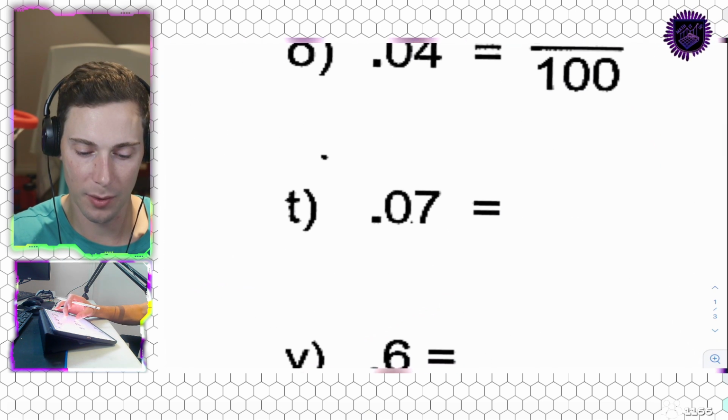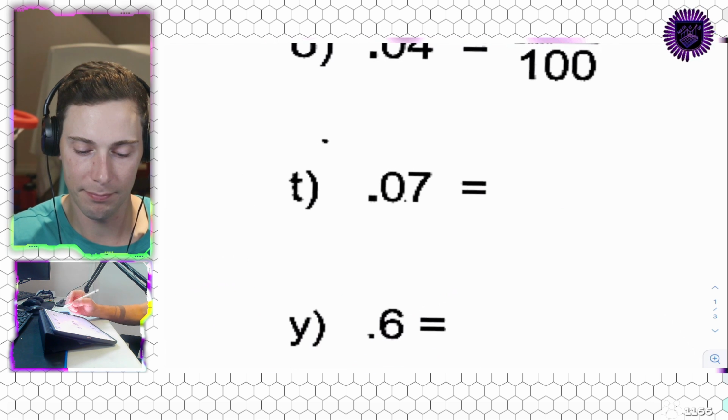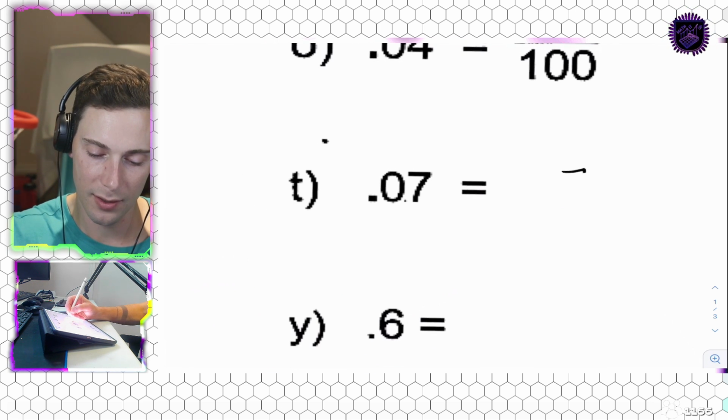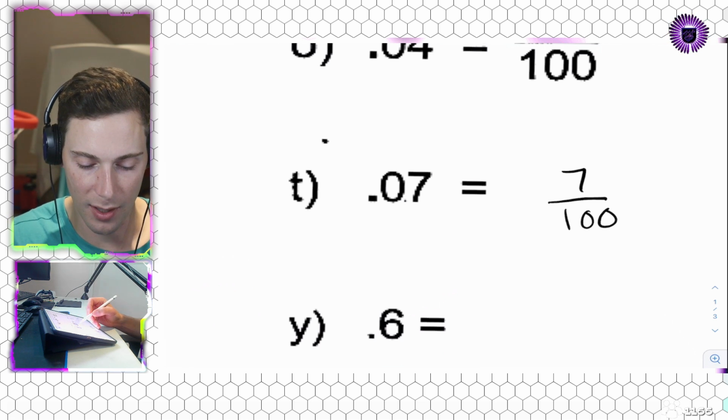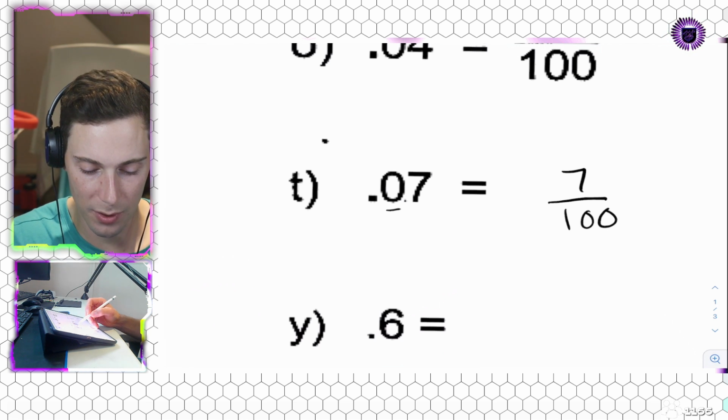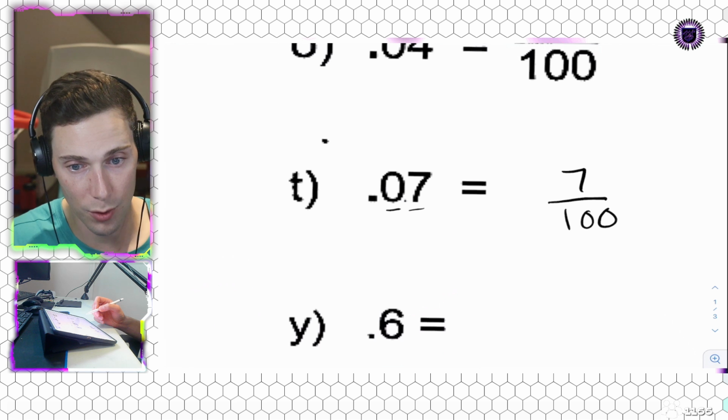This one looks similar, but it's different. It's 7 hundredths. We see that there's a 1 tenth, 0 tenths, and 7 hundredths.